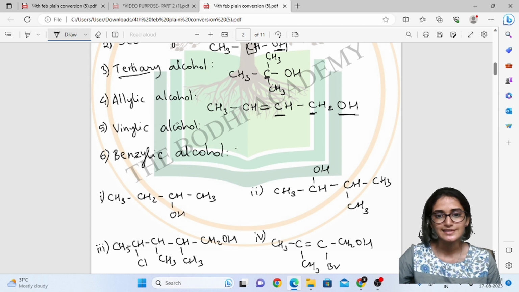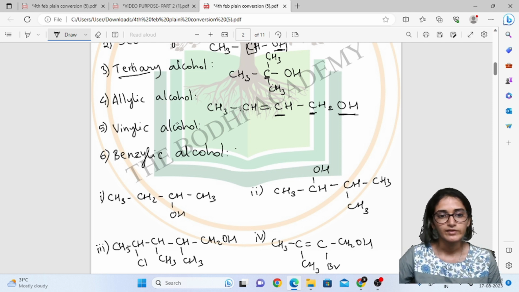You can see that these two are the double bonded carbons, 1 and 2. So the alcohol is attached to this carbon, and the carbon is further attached to a double bonded carbon. If you have this case, then it is termed allylic alcohol.